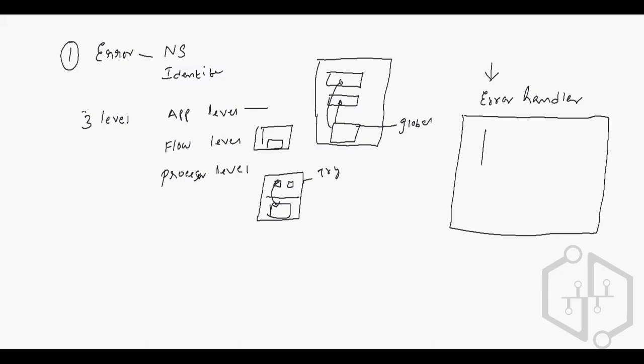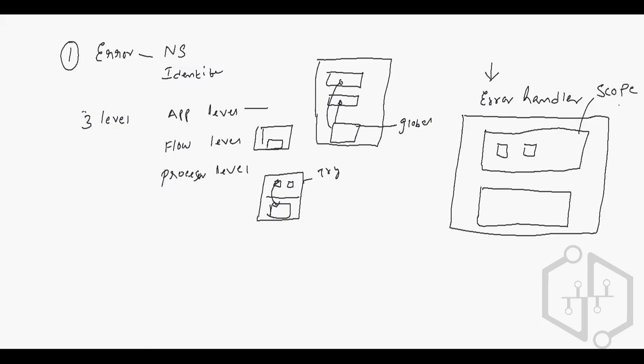Inside the scope, we will define our error handling logic, what to do when the error occurs. That logic will be defined inside the error handler scopes. There are two types of scopes. One is on error continue scope, and the other is on error propagate scope.